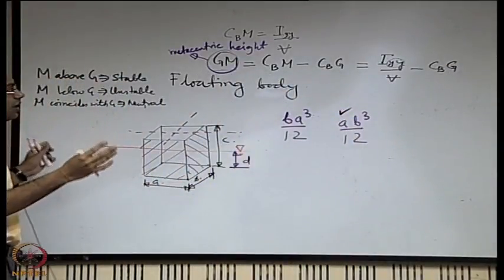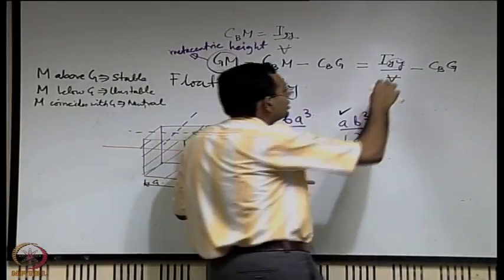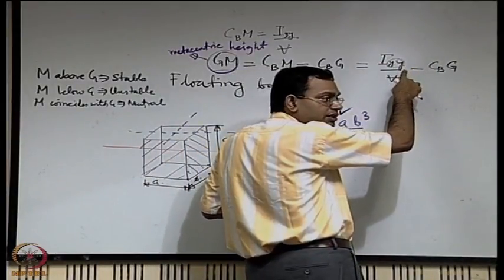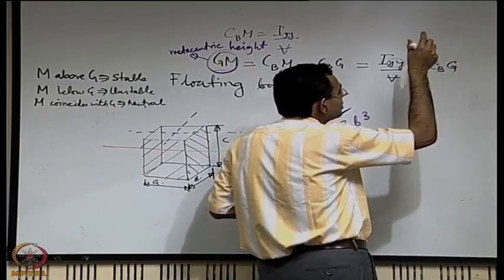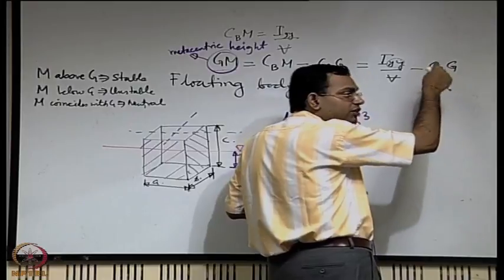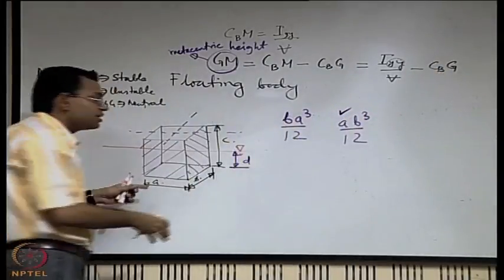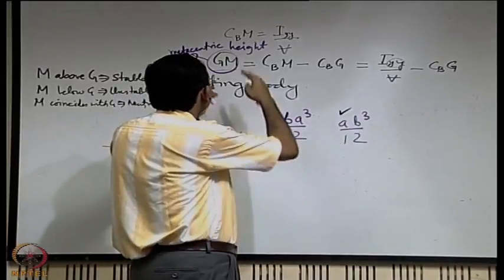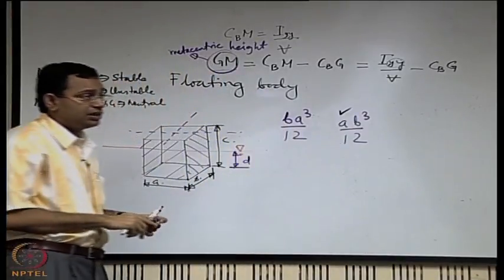So this effectively requires only the calculation of the immersed volume, the calculation of the second moment of area with respect to these axes, and specification of the locations of the center of buoyancy and center of gravity with respect to the axis fixed on the body. That is sufficient information to calculate the metacentric height.